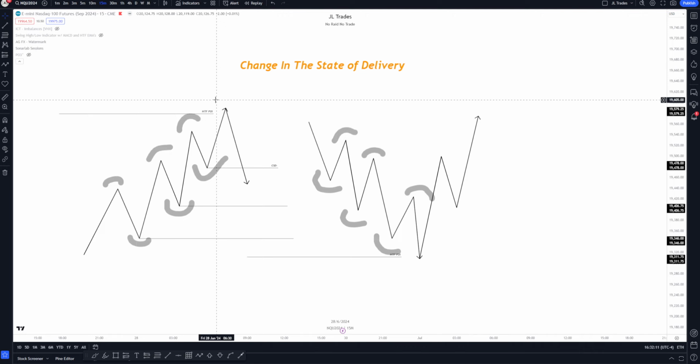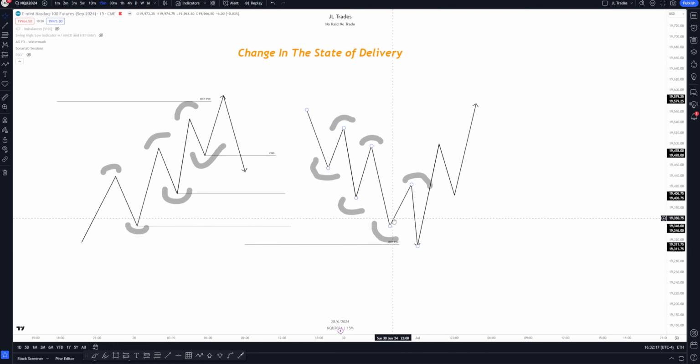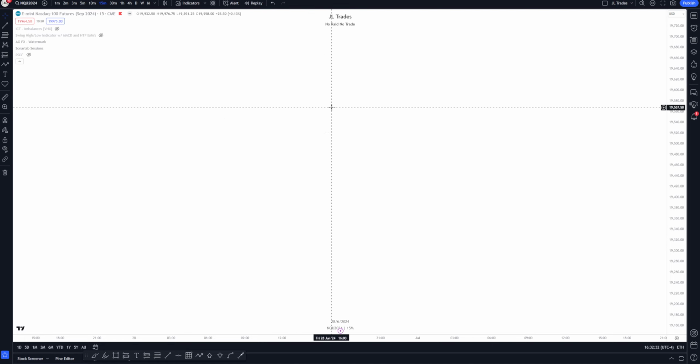Changing the state of delivery, this is literally what a unicorn model looks like. Creates a lower low, we then have a breaker block, and if you had an FVG aligned, that would be a unicorn setup.